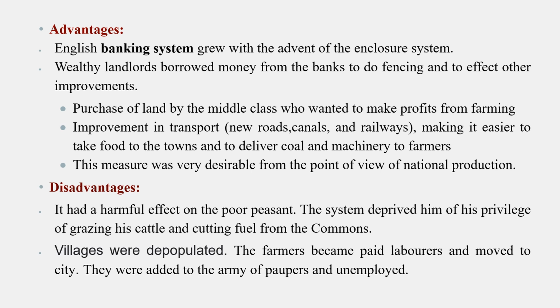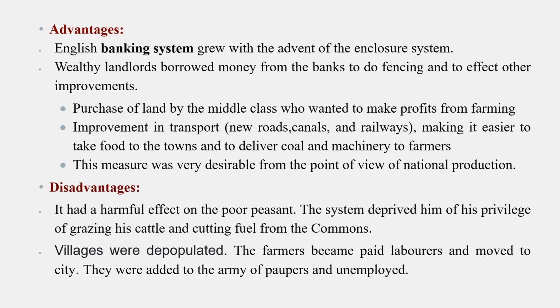And finally, let's conclude by analyzing its advantages and disadvantages. Let's first see the advantages of the agricultural methods and the agrarian revolution. The English banking system grew with the advent of the enclosure system.